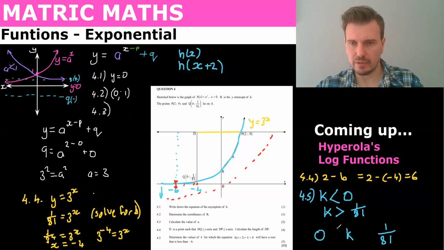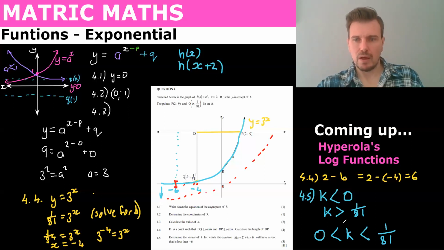Less than 0, but bigger than minus 1 over 81. Less than 0 and greater than minus 1 over 81.